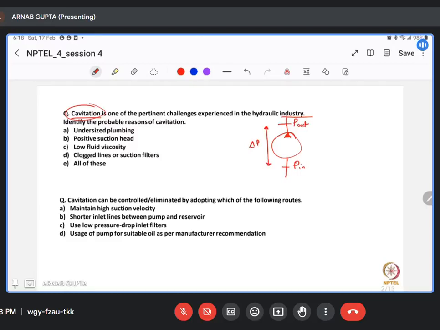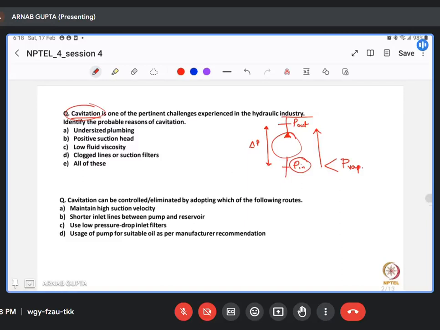It is trying to push fluid from the inlet to the outlet side. So, what happens if this particular inlet pressure, for some reason, goes below the vapor pressure of the particular hydraulic liquid?